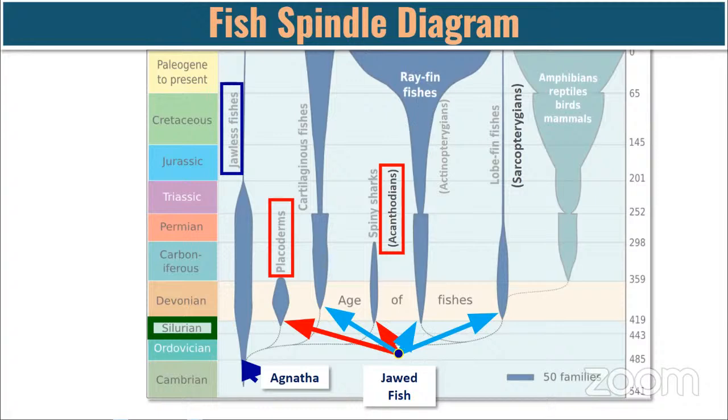So we will talk more about fish as they start to spread out. So the Devonian is sometimes thought of as our age of fishes, at least according to this diagram. So we can think more about fishes at that point, but we start to see them arising in this earlier time period.